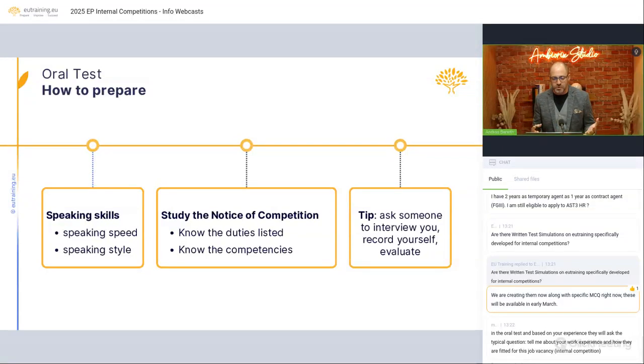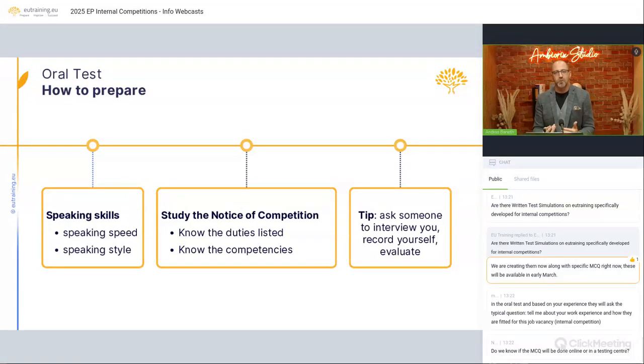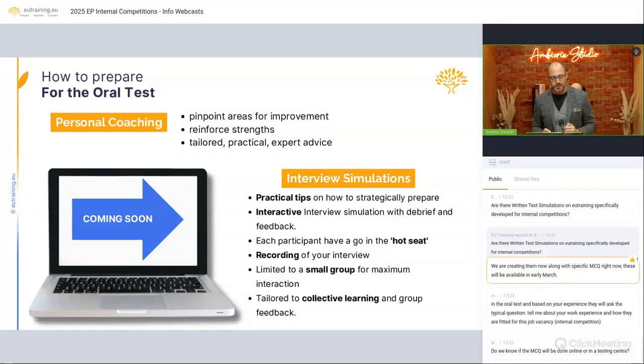And then you can record yourself, as I said before, or ask someone to do that for you, or have someone just provide you a certain feedback, because we never see ourselves the same way that a camera or another person would. So those are typically very helpful ways, not just on what you say, but certainly on how you say it. So that angle plays a great role in how you come across towards the interviewers.